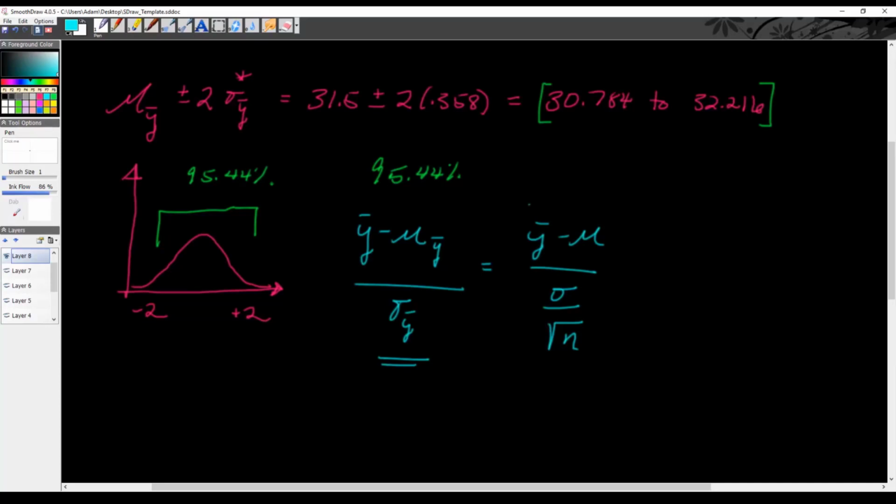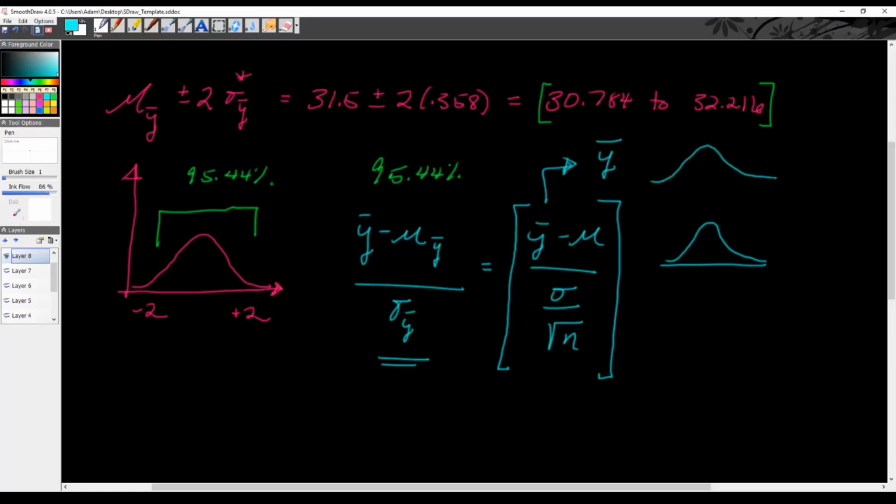Basically what we're saying is that our sample statistic, the sample mean, which is y bar, we can normalize it. We can subtract out the true mean and divide by the standard deviation, and we'll see that it is also distributed normally. Now, if I look at the distribution of the means, it's going to be tighter than the distribution of the individual values. So again, in the context of grade point average, if I look at the distribution of all GPAs of all students, it's going to be a wider distribution than if I look at the distribution of the means.